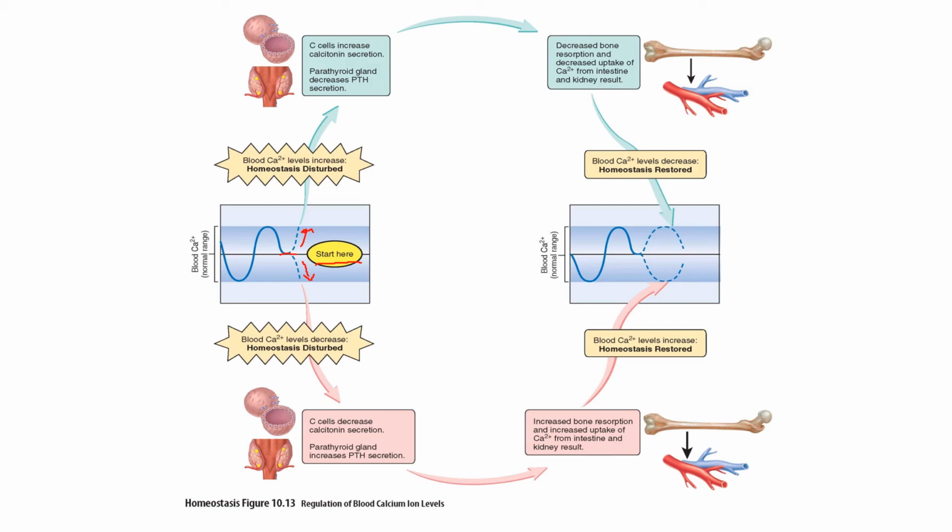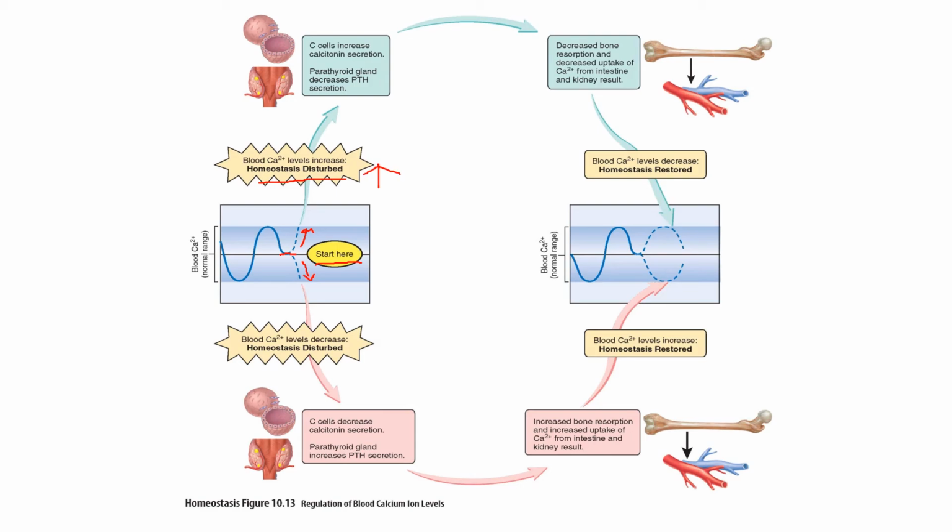So, punta muna tayo dun sa paano kapag ka nag-increase yung calcium levels nyo sa inyong katawan. Of course, anything that increases or decreases from the normal range of your bodily levels, or ideal component levels of your body would cause actually a homeostasis disturbance. Okay? So, when your blood calcium is increased, so kung mataas siya, ano ang nangyayari?